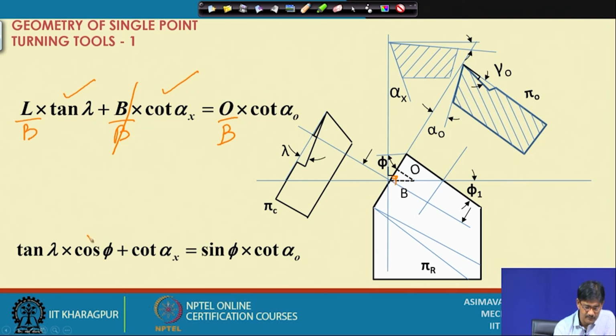So, that is why we get tan lambda cos phi plus cot alpha x is equal to sin phi into cot alpha O. All right. So, this one helps us in relating the inclination angle, the side clearance of the main cutting edge of the principal flank, and orthogonal clearance in the principal flank.